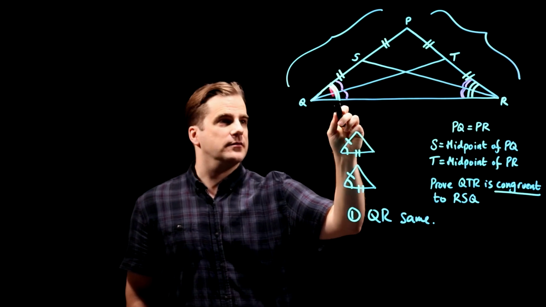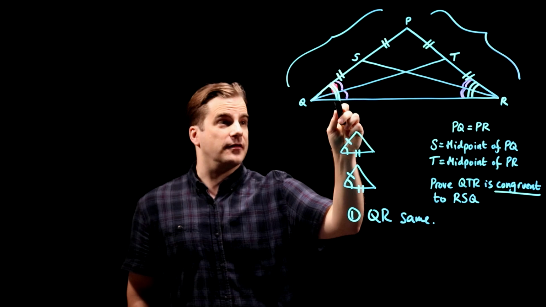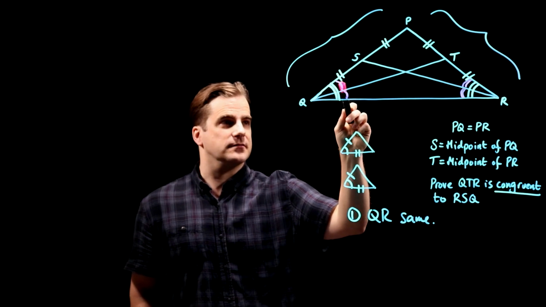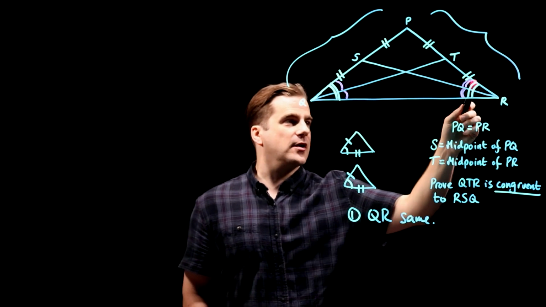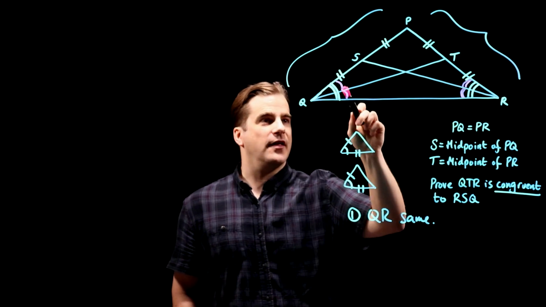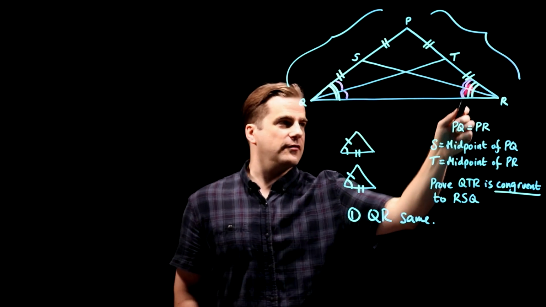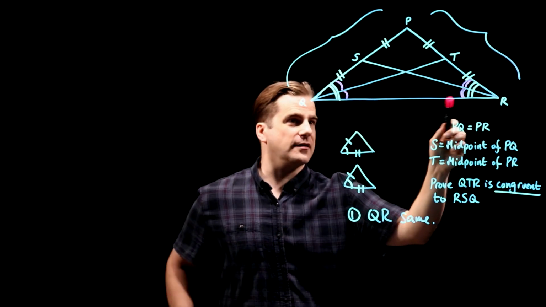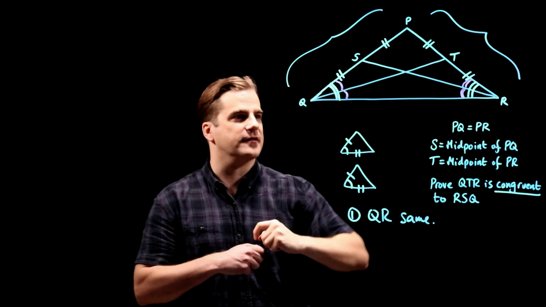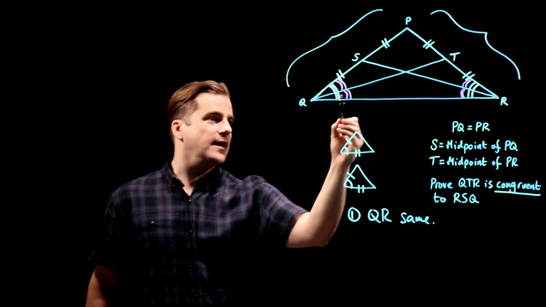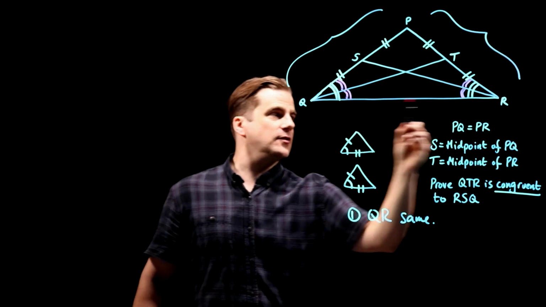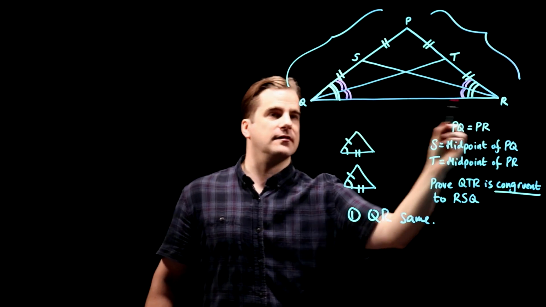And we also know that these two angles are the big angle cut in two. Each of those is half of the big angle. So because the big angle's the same and they are half of this big angle, then they must also be the same. So we can do that and claim that that angle TQR is the same as SRQ.